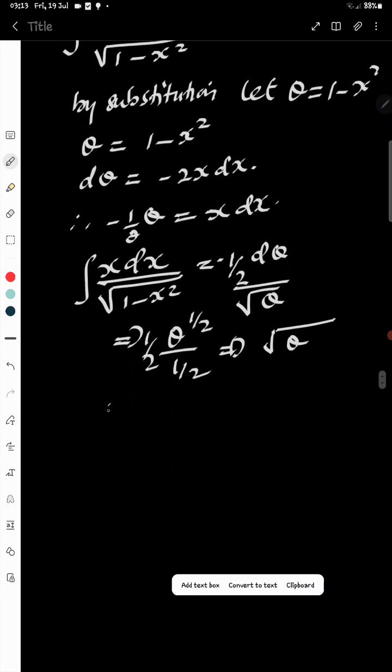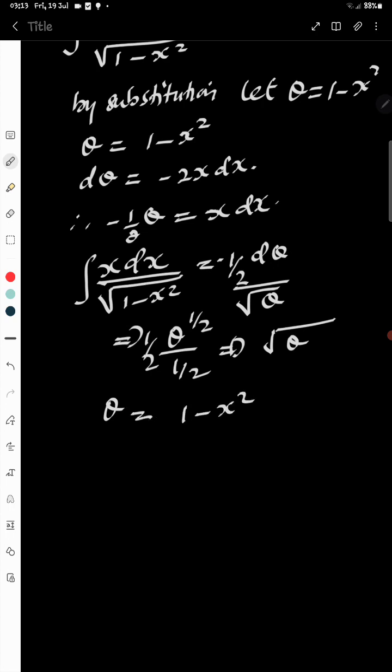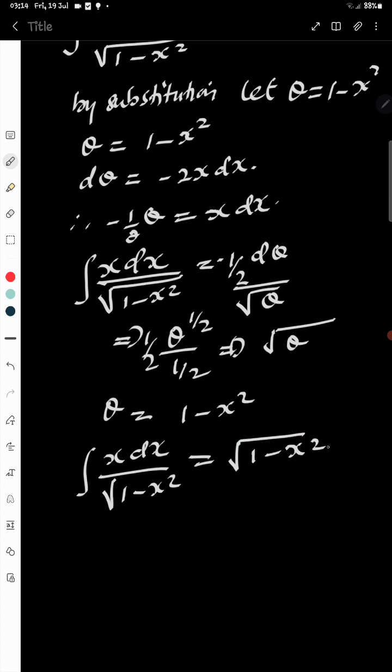However, theta equals 1 minus x squared. So the integral of x dx over root 1 minus x squared equals root of 1 minus x squared.